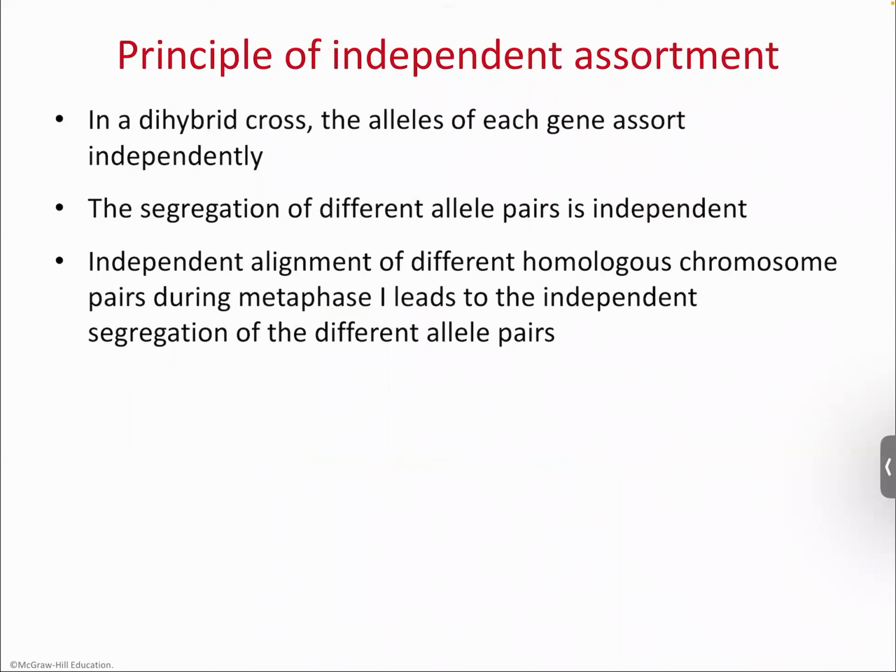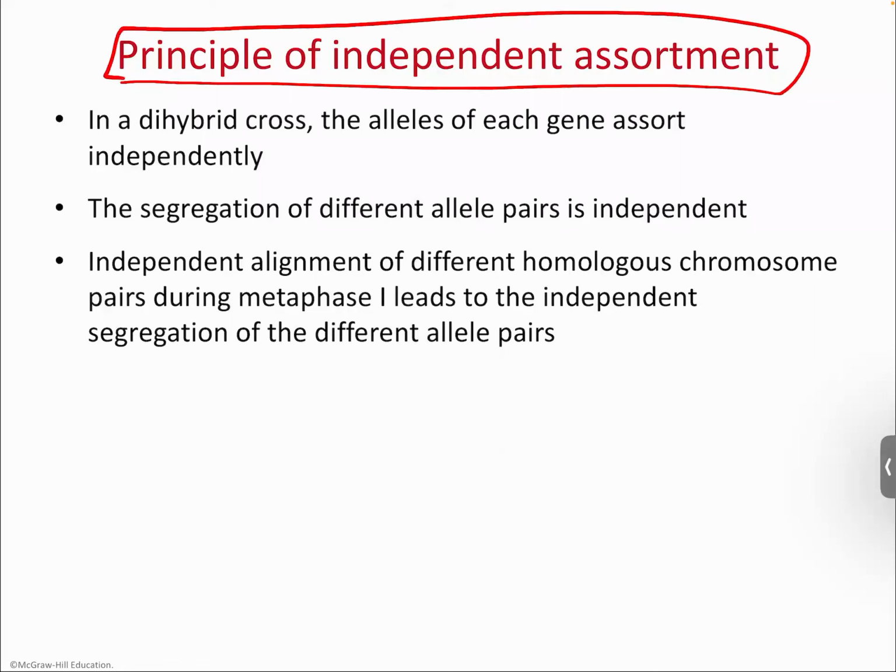So the second major law that Mendel came up with from all of his dihybrid work and his probability work is the independent assortment concept. Now, basically what he saw here was that these guys are assorting independently or randomly. That's basically what we saw.